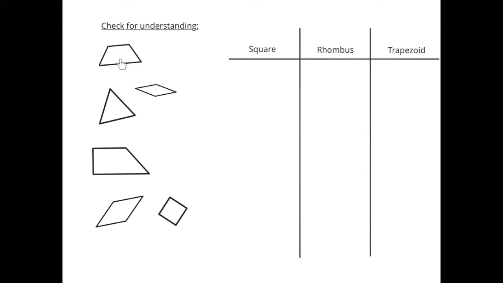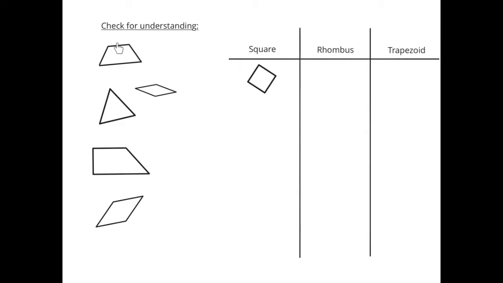This one doesn't have 4 congruent sides or 4 right angles. This one doesn't have 4 right angles. This one only has 3 sides. This one doesn't have 4 congruent sides or 4 right angles. Neither does this one. But this one looks like it does. So we'll move this one into the square column.